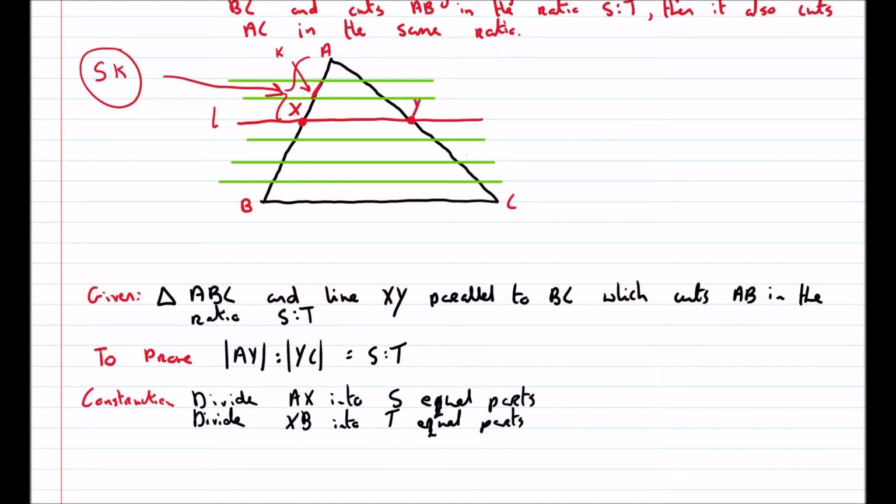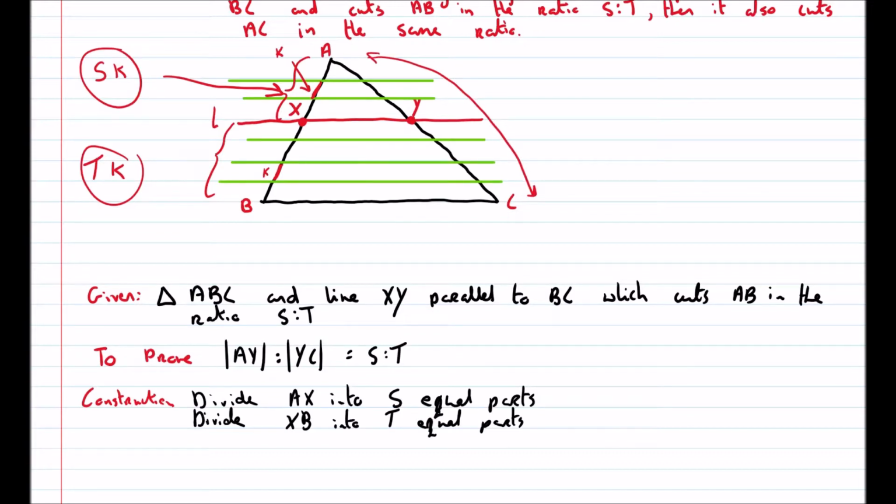Okay, and again, the distance from here to here is K, and there's T amount of those K's, so this here is T multiplied by K. Alright, okay, now let's look over at this side here.